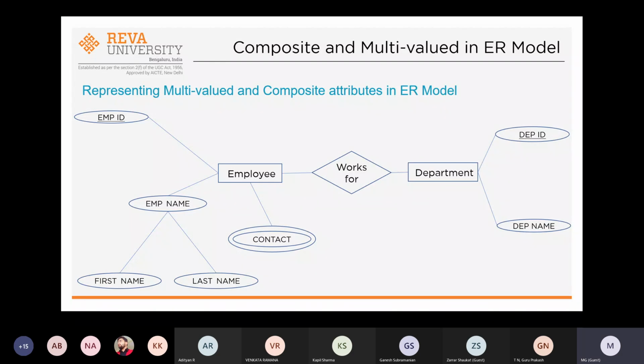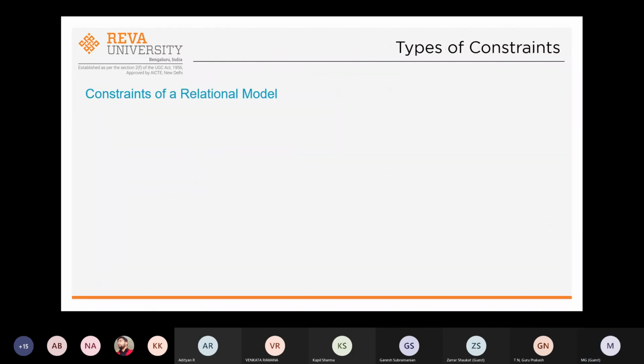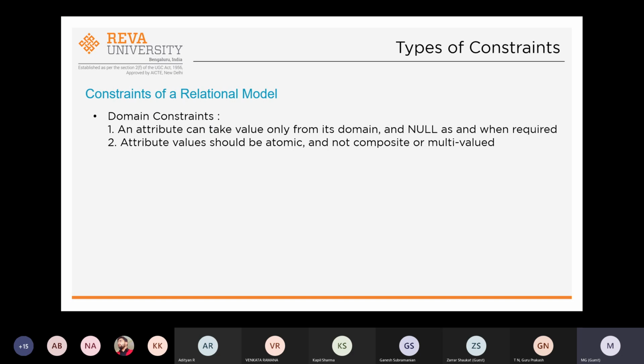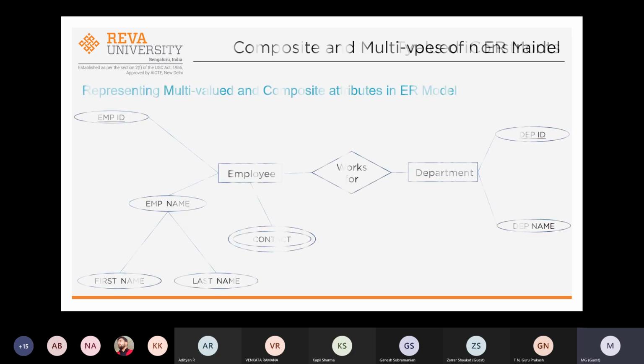Great. Moving on. We are going to revisit the types of constraints. What is the impact of these constraints when you build a table out of it? The first one is the domain constraint. We learned, right? The attribute can take only values from its domain, and you can use null as and when required. The next one is the attribute value should be atomic, not composite or multi-valued. So you see here, right?